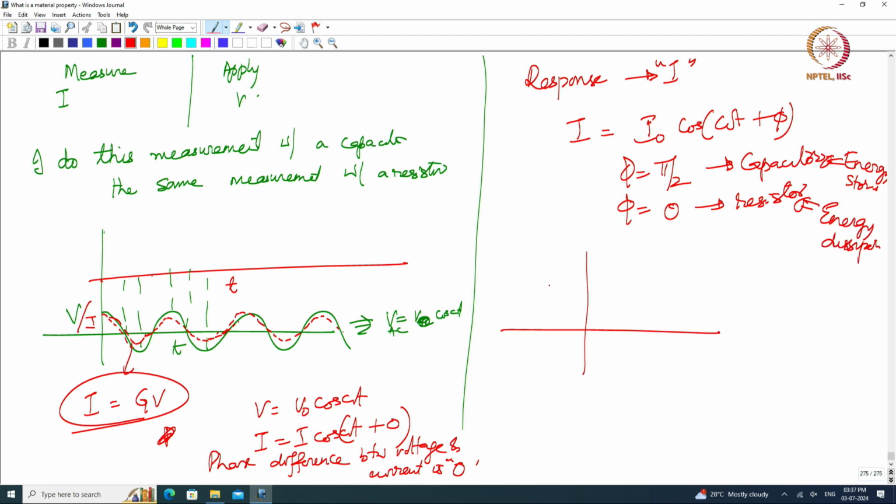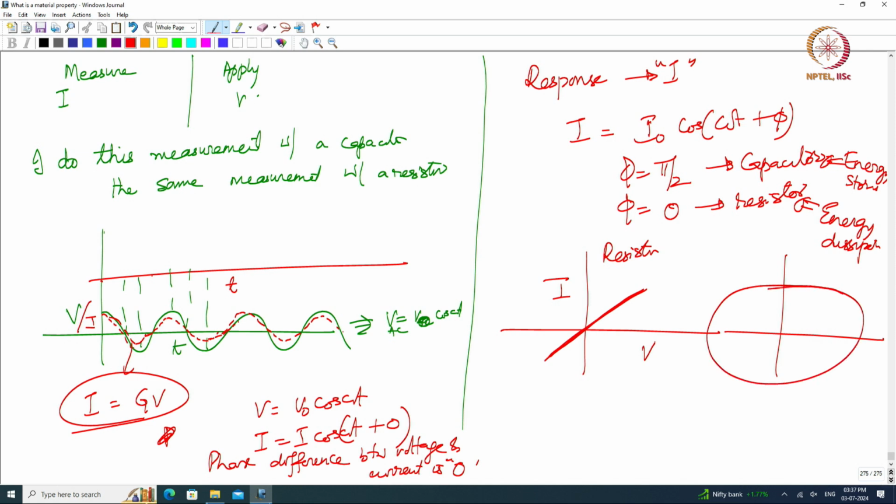So, how does I versus V in a resistor look? It looks somewhat like this. So, it is a linear resistor. So, I-V is Ohm's law, so Ohm's law is followed. This is for a resistor. For a capacitor it looks somewhat like this. This is I versus V of a capacitor.